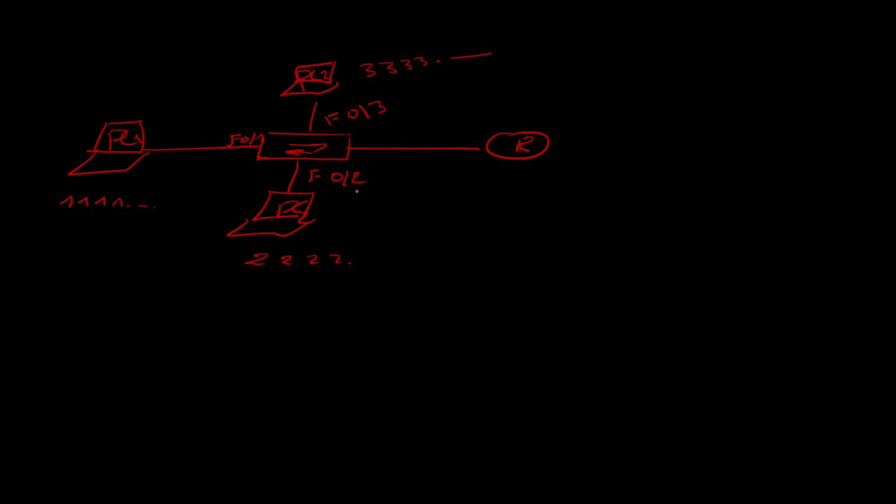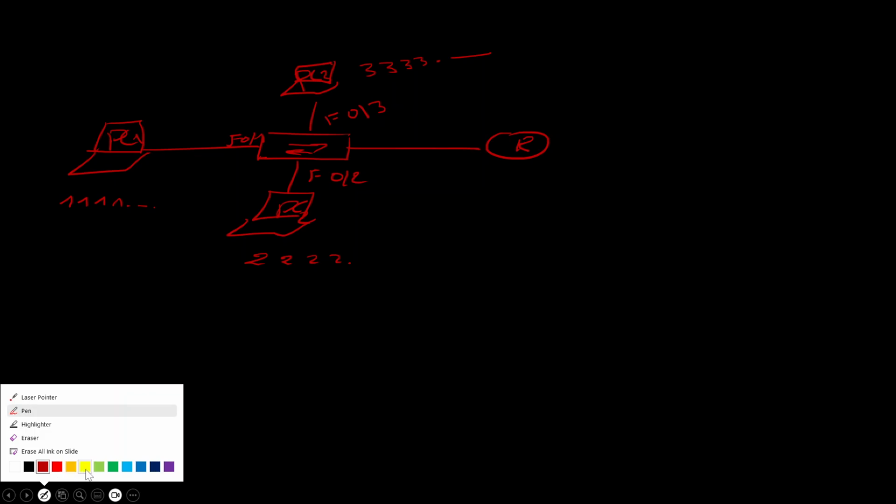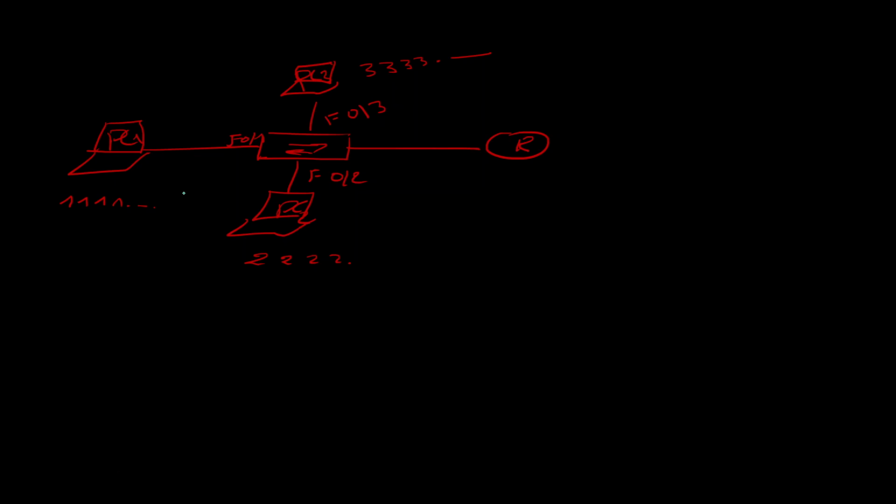What the switch will do is, as you plug the PC into the switch, it immediately learns the source MAC address. As PC1 sends a frame to the switch, the switch will get the MAC address of PC1 and put it in the MAC address table.